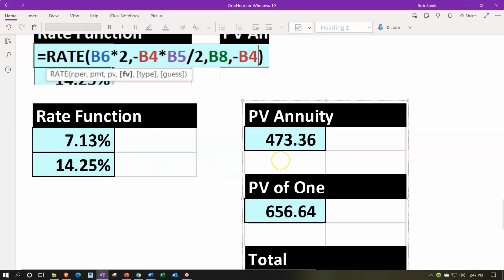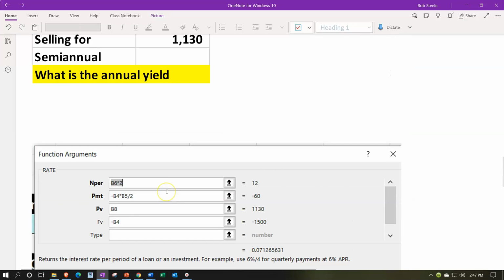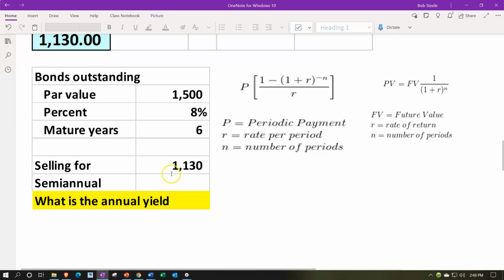One, I would highly recommend plugging it back into our normal kind of calculation to figure the price. And two, you could kind of have an idea of what the result will be. Meaning, if I'm looking at this at 8%, and the price is 1,130, that means that these bonds were issued at a discount. These bonds are currently at a discount at this point in time.